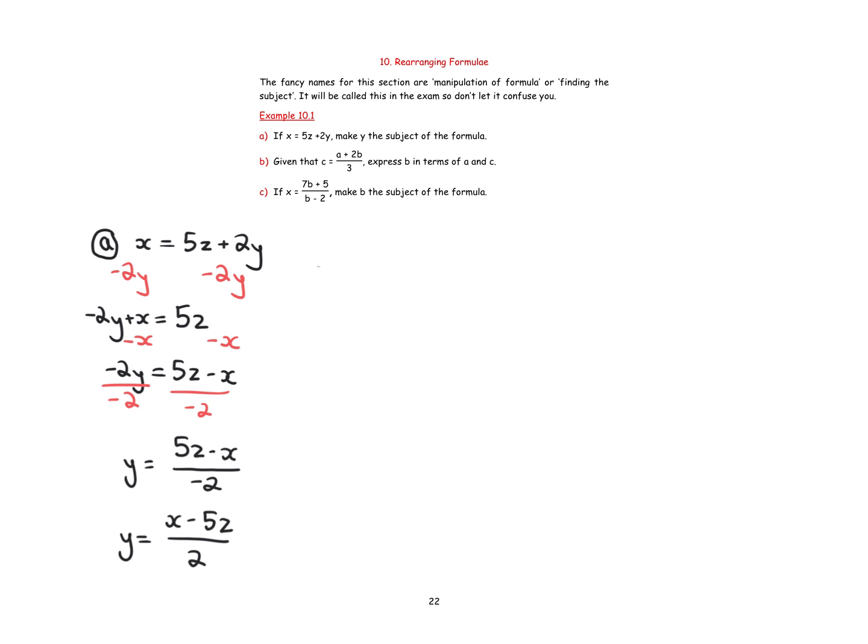Example B is very similar. It says, given that c is equal to a plus 2b all over 3, express b in terms of a and c. Firstly, what this actually means is that it wants b is equal to and everything else.